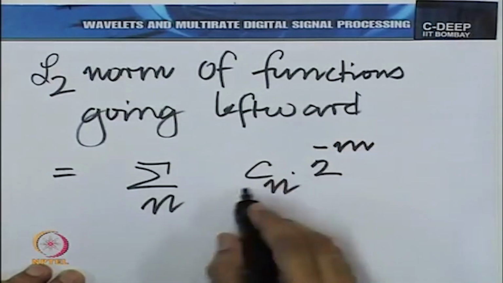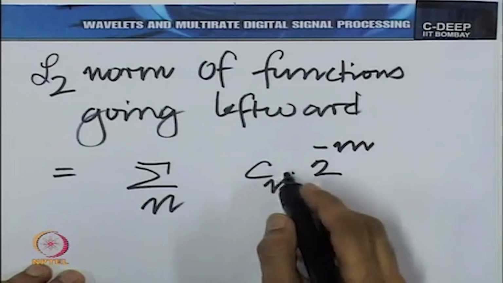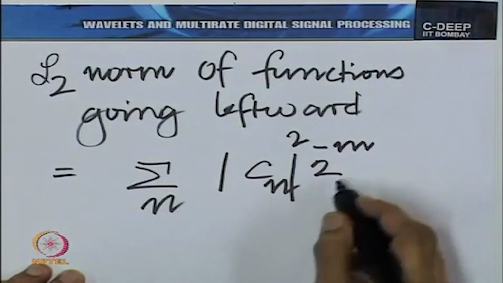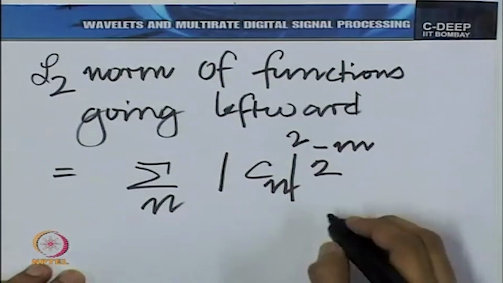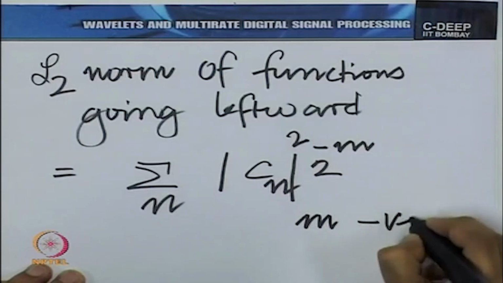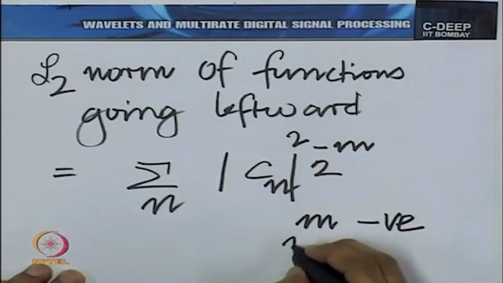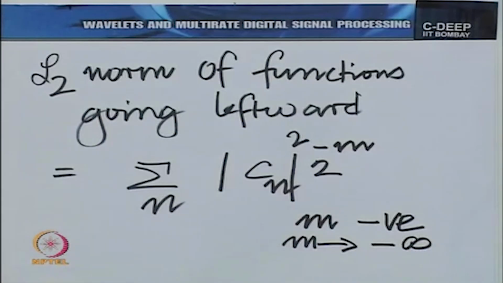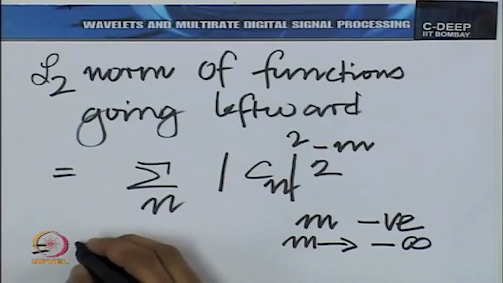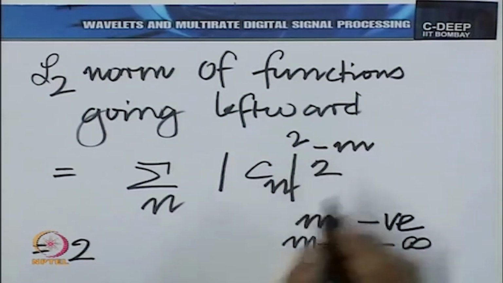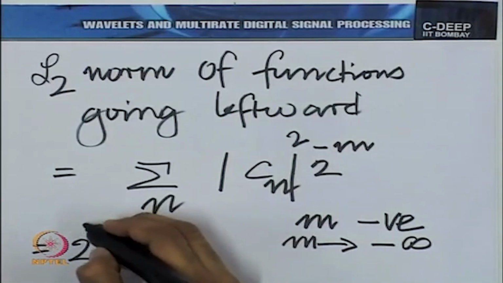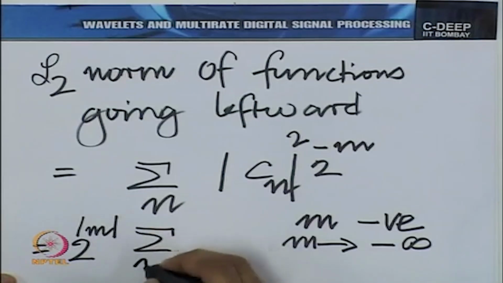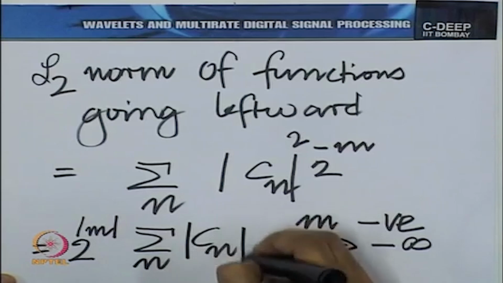So, you are talking about integrating mod C n squared, a constant over an interval of 2 raised to the power minus m, and please remember m is negative and m goes towards minus infinity as you go leftwards. So, that is the same thing as 2 raised to the power of mod m, in the context of negative m, and summation on n mod C n squared.